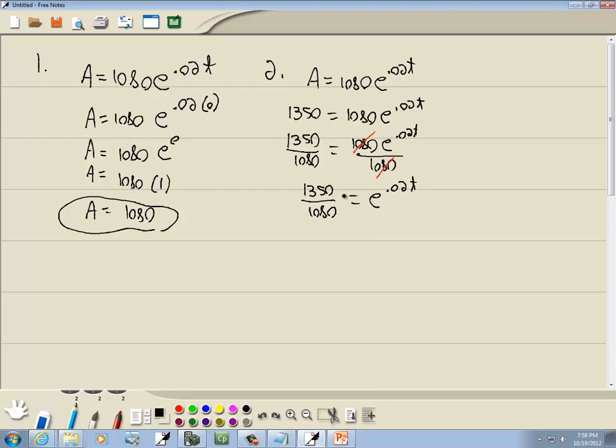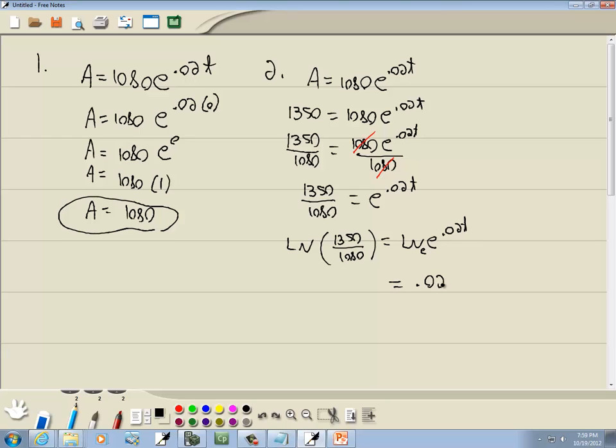Now after you get the power with the variable in the exponent by itself, you want to take the natural log of both sides. So we'll take ln of both sides. Now, the third step in solving an exponential equation says to use properties of logs to get the variable out of the exponent. Remember, if you got natural log ln, your base is e. And when those match, the log and the e cancel, and you're left with the exponent.